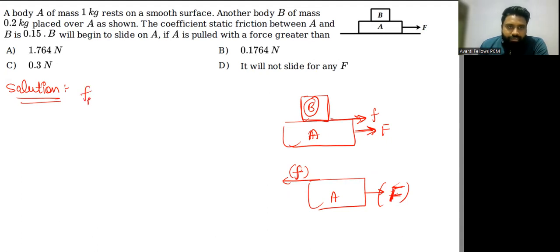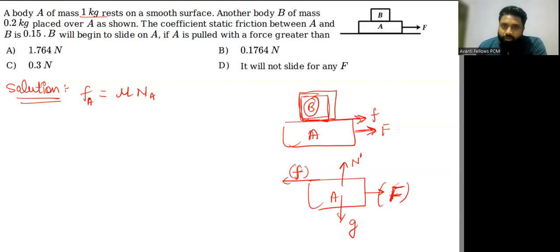So force of friction is equal to mu times the normal reaction. Now, the mg force will also act. Mass of A is given as 1 kg, so only g will act downward, 1 into g. And there will be a normal reaction, let's say N dash, by the ground in opposition to that force. But here there is one twist.